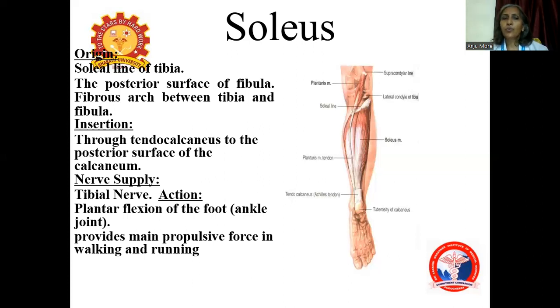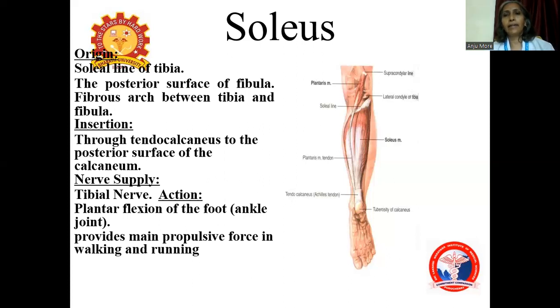The nerve supply of soleus is by tibial nerve. Action is plantar flexion of foot at the ankle joint, and it also provides a main propulsive force in walking and running. So what we have come across now is the superficial compartment is having three muscles.